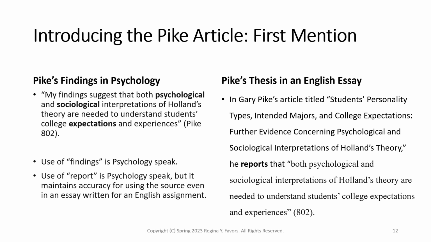My findings suggest that both psychological and sociological interpretations of Holland's theory are needed to understand students' college expectations and experiences. And so use of findings is psychology speak. Use of report is also psychology speak, but it maintains accuracy for using the source, even in an essay written for an English assignment. So let's look at how we would introduce the author's thesis.